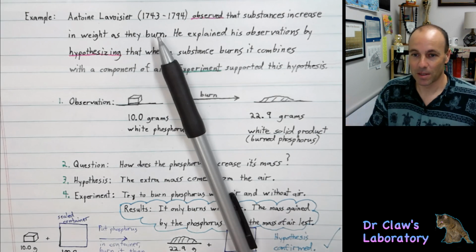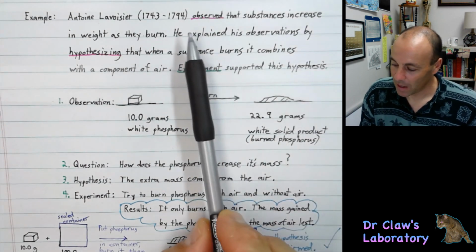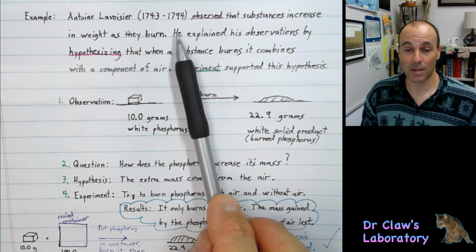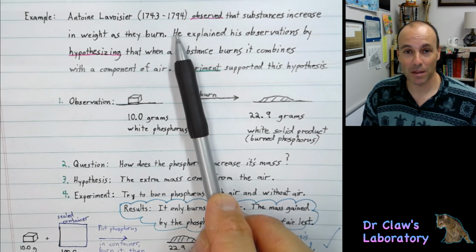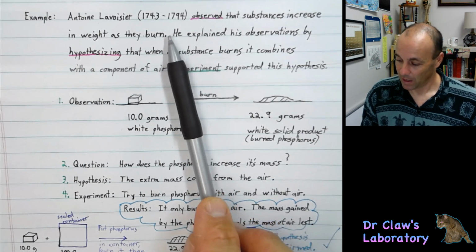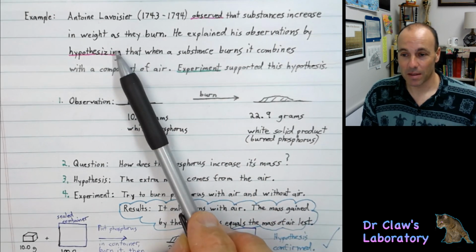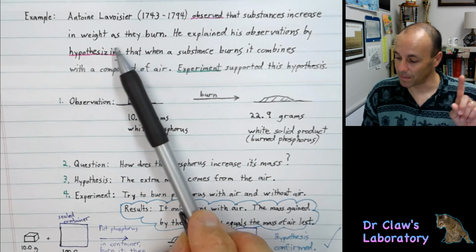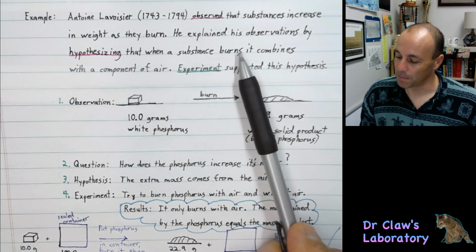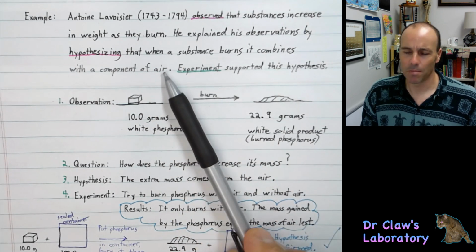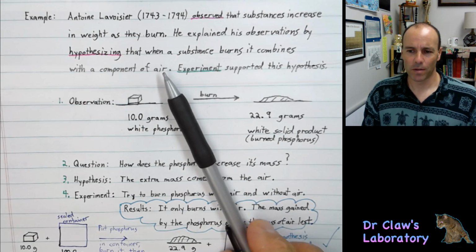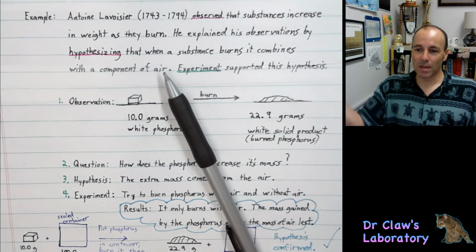Okay, so it's kind of interesting. Now, that's his question, like, where did the extra mass come from? He explained these observations by hypothesizing, this is his explanation, that when a substance burns, it combines with a component of air. Okay, where does the extra mass come from? Well, it must come from the air.